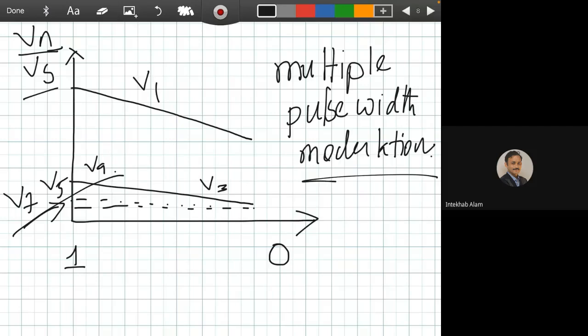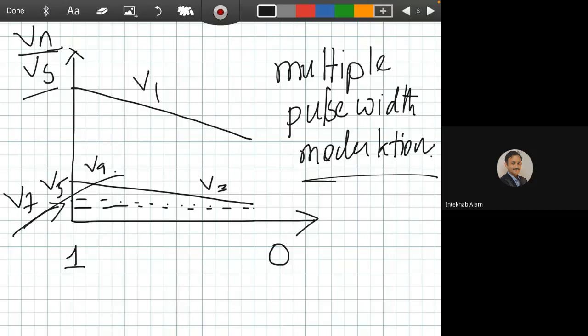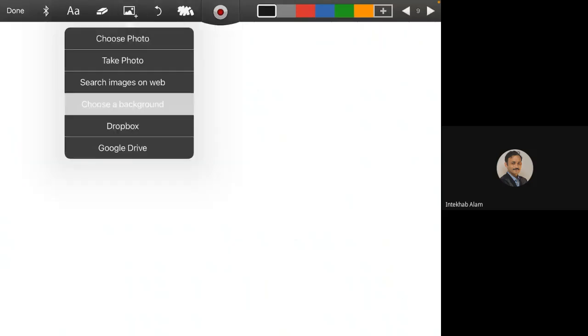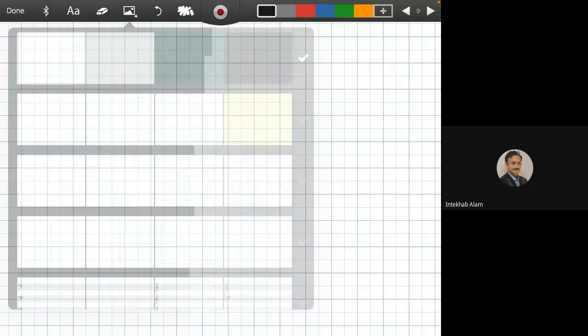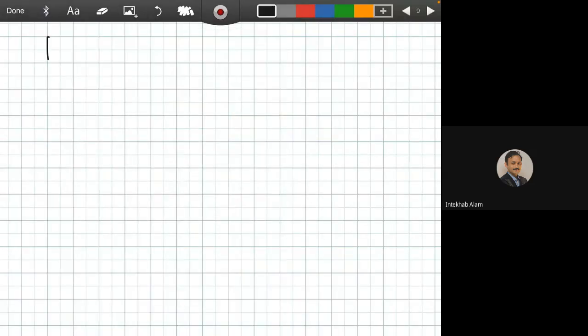So up to now, do you have any question regarding these two topics, single pulse width modulation and multiple pulse width modulation? If not, we can proceed to the further point regarding sinusoidal pulse width modulation. In a single pulse width modulation, we'll just draw the other figures also.